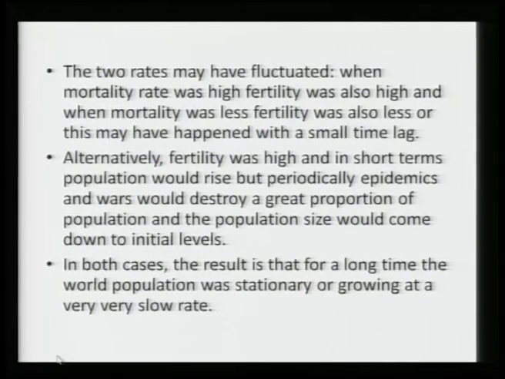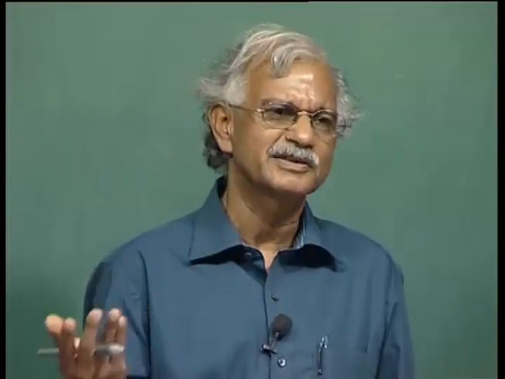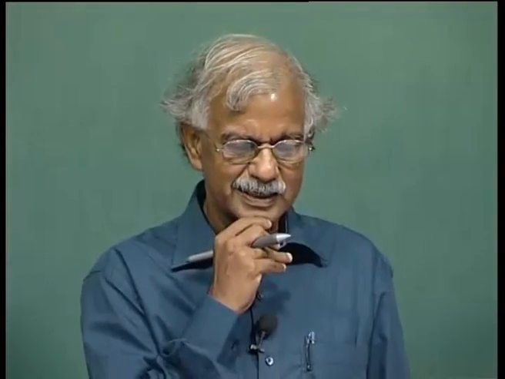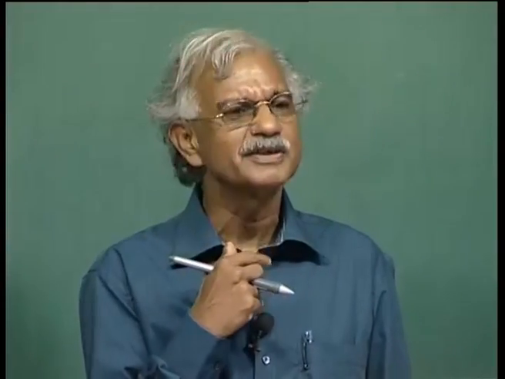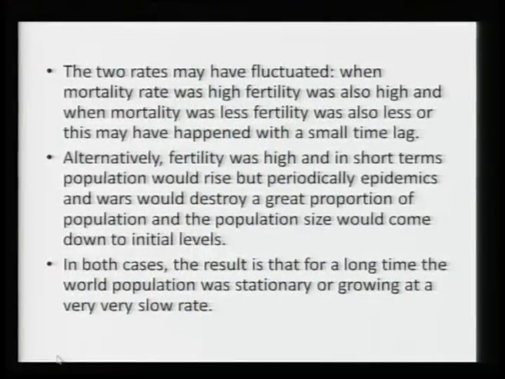So in normal years, when mortality is low, fertility could have been higher, but in the following years, when mortality reverses its direction, then fertility also reverses direction. Alternatively, fertility was high and in the short term population would rise, but periodically epidemics and wars would destroy a great proportion of population and the population size would come down to initial levels.